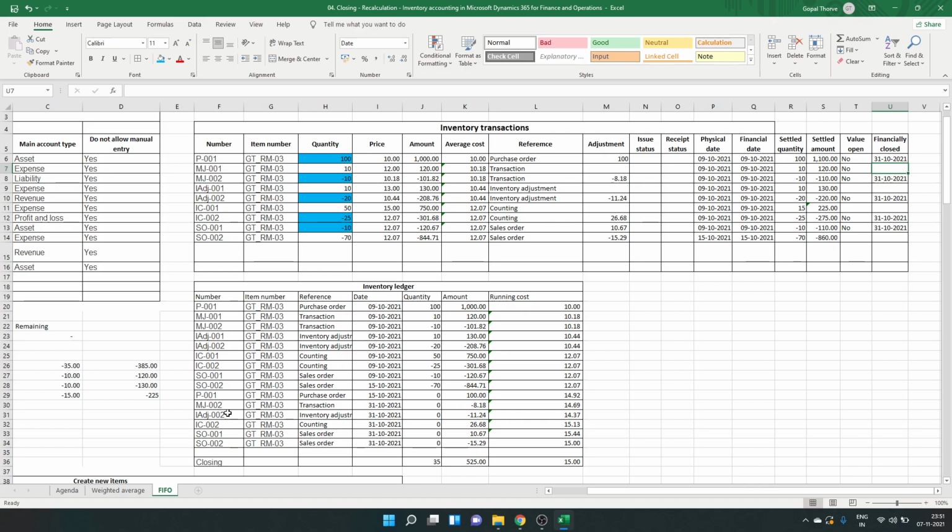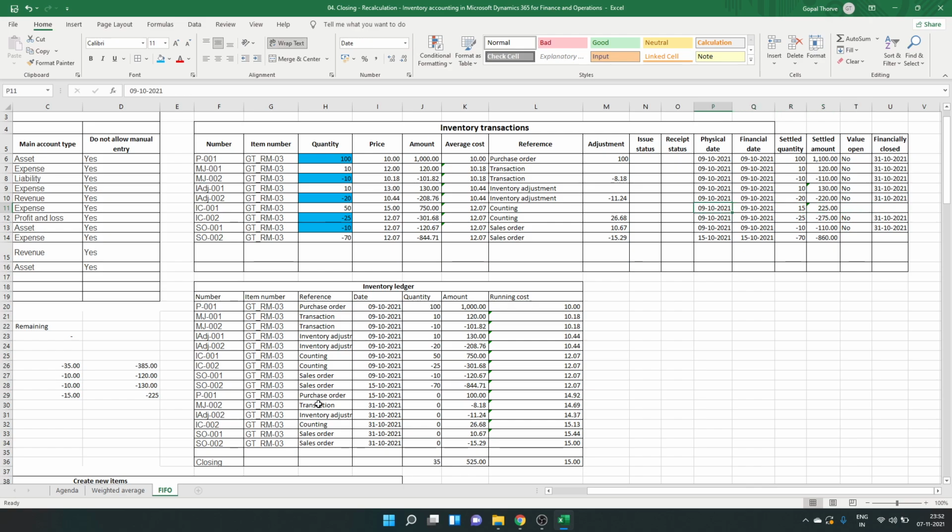Value open is no. Financially closed is 31102021. From this third lot also, the entire 10 quantity is settled. So this is also equal to this. Financially closed is 31st 10 2021.